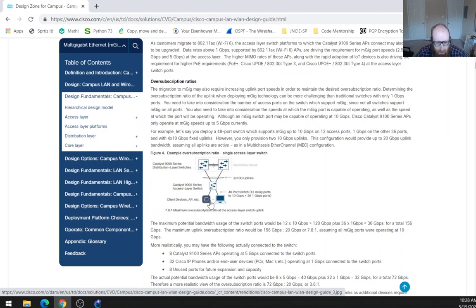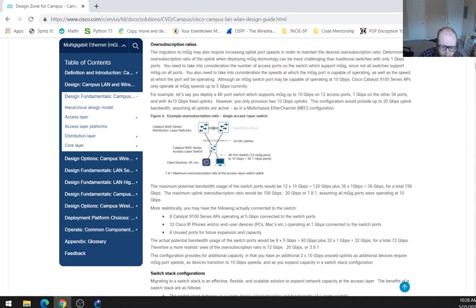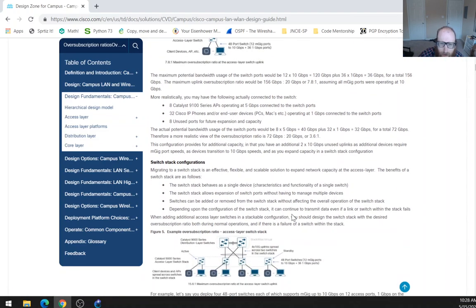Then we've got our access points and all that sort of stuff connected. So this must have PoE then. We've got a 48 port switch, 12 mGig ports up to 10 gigabits per second, plus 36 1-gig ports. Maximum oversubscription ratio at the access layer uplink switch. So yeah, that's really important to know. What is the max my device can choose?